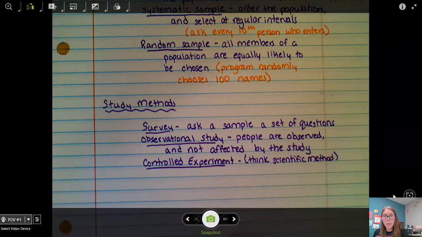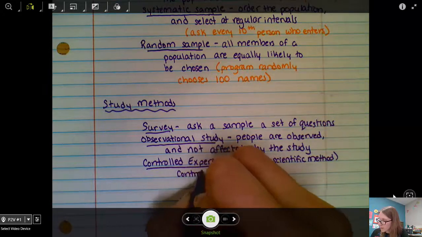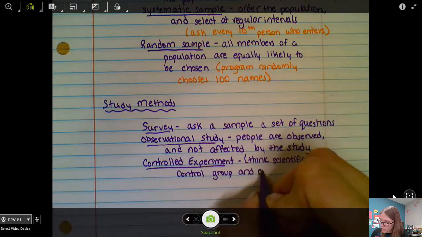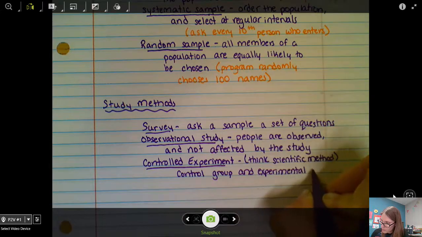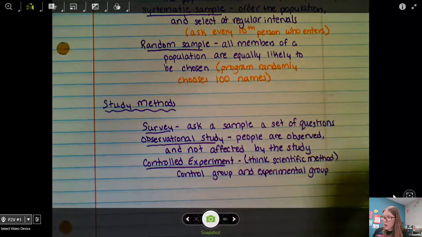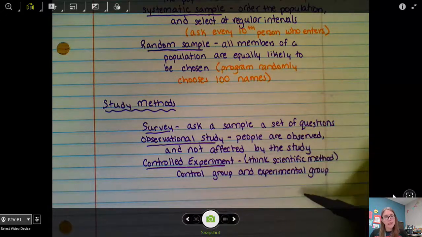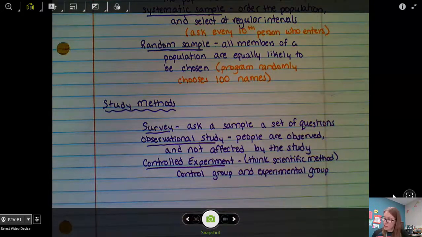There's a control group and there's an experimental group. Unlike the observational study, where people really aren't affected by the study, in a controlled experiment, people are affected somehow. We have our control group and our experimental group, and then compare the results from those groups.